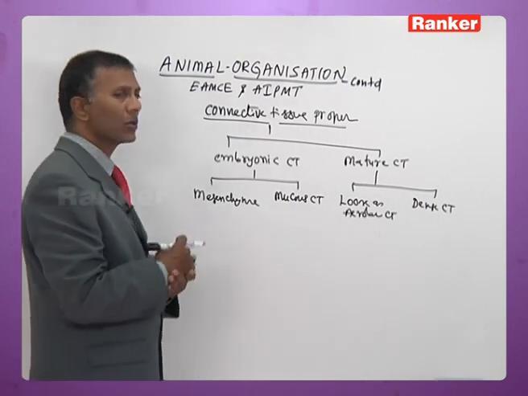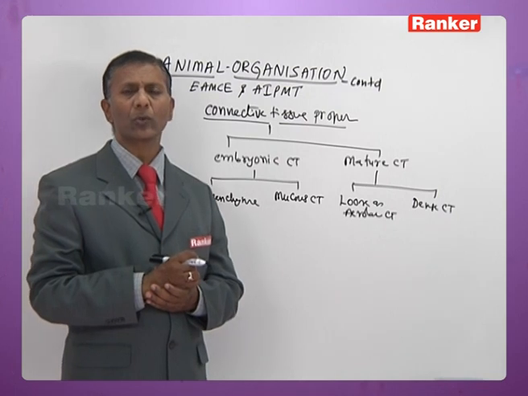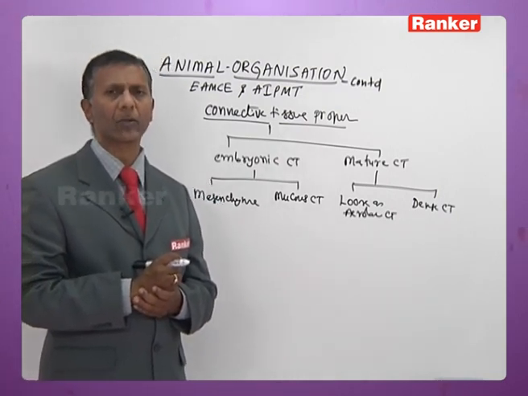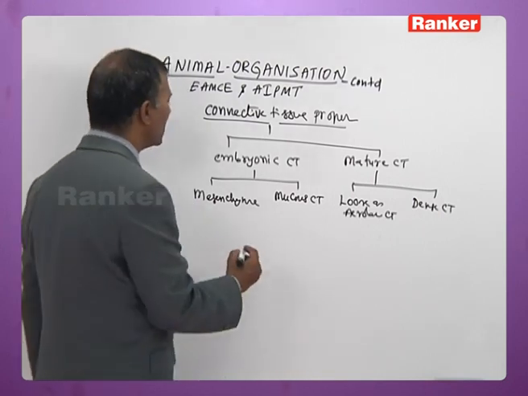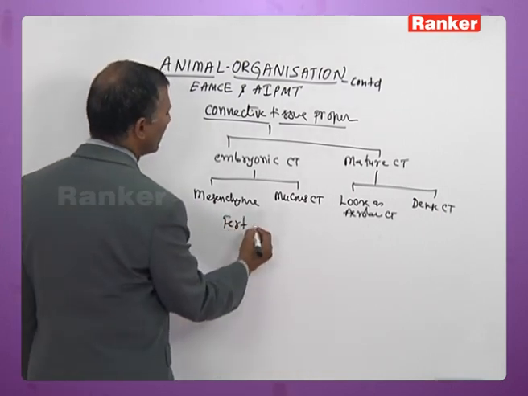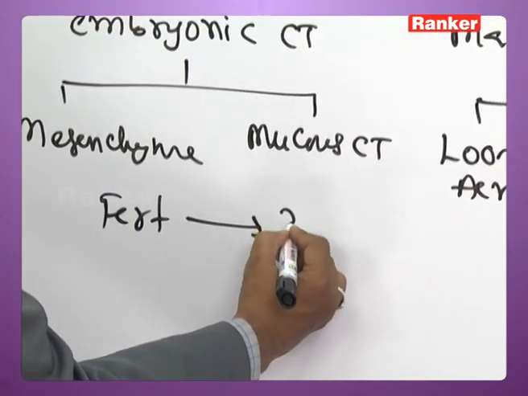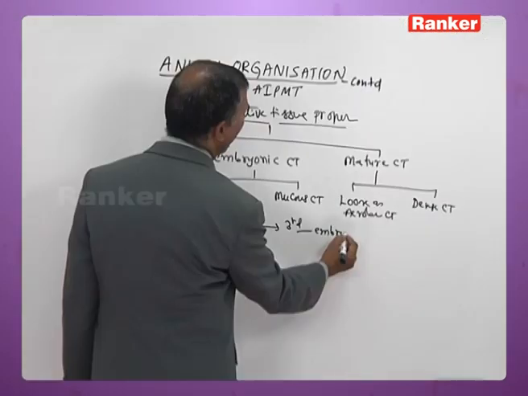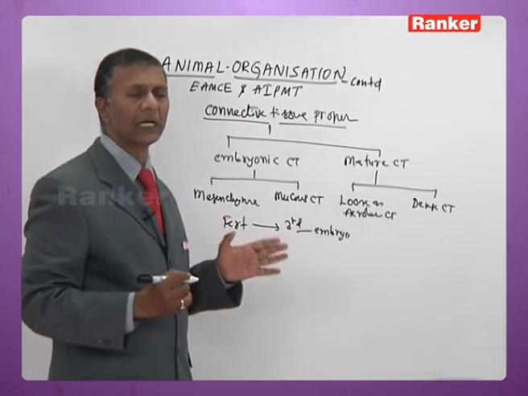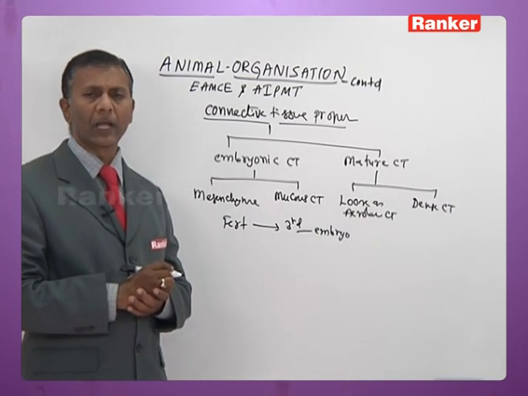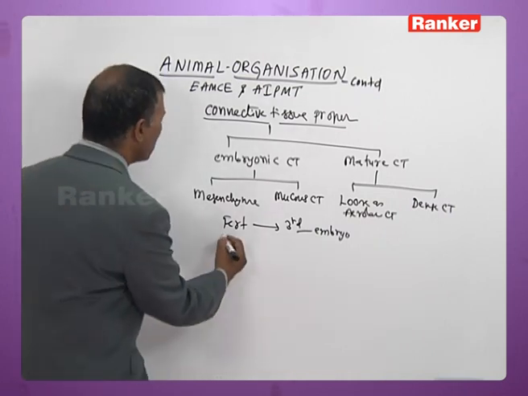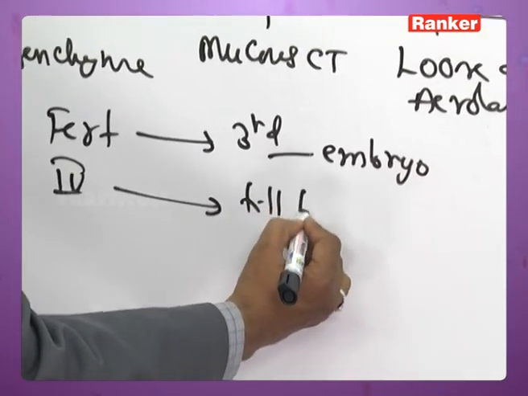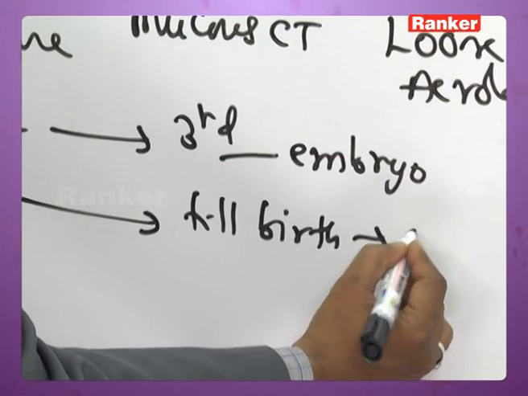Now, the embryonic connective tissue. The connective tissue present in the embryonic stage and in the fetal stage can be considered as the embryonic connective tissue. Right from fertilization to the 3rd month of pregnancy can be considered as embryo. Then 4th month till birth can be considered as fetus.